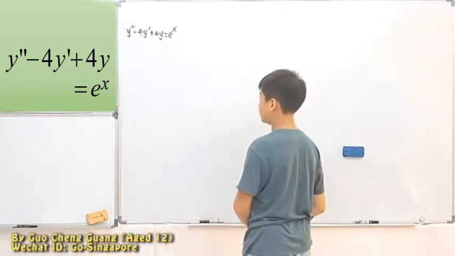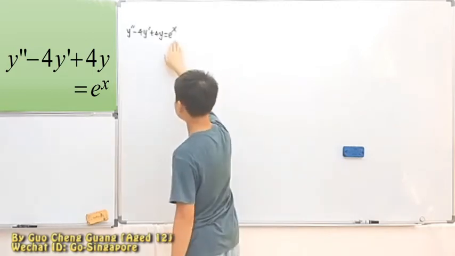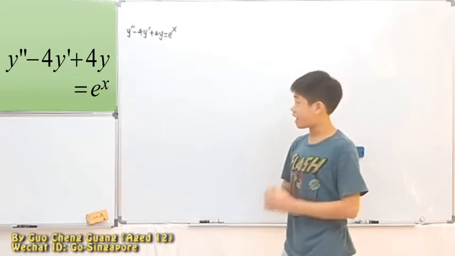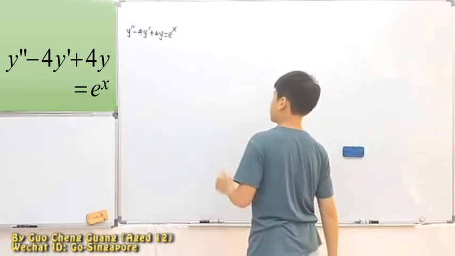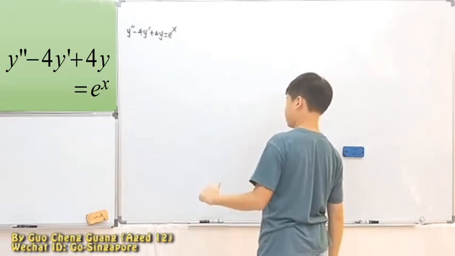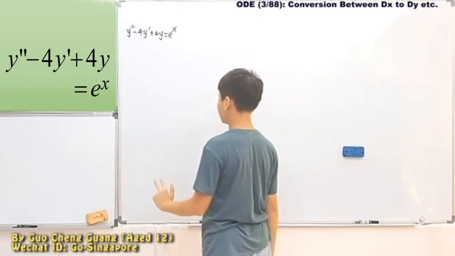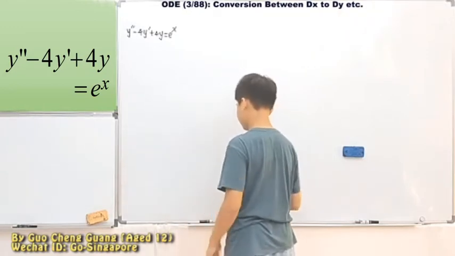So yes, it is linear, but it is non-homogeneous because this is not equal to 0. It is e to the power of x. Okay, so let me just say this again. This is a second derivative, constant coefficient, linear, non-homogeneous ordinary differential equation.